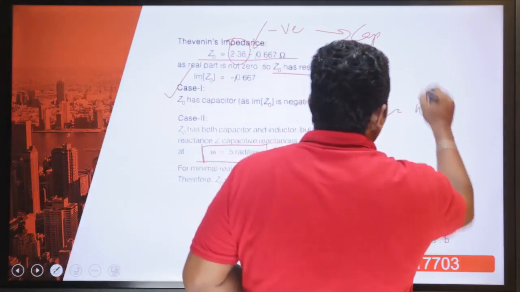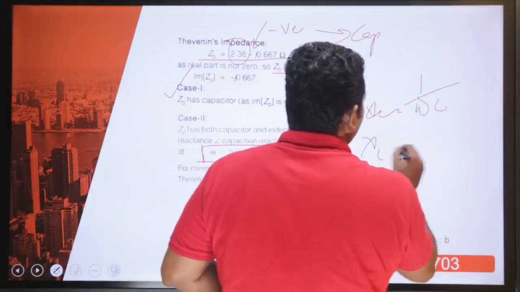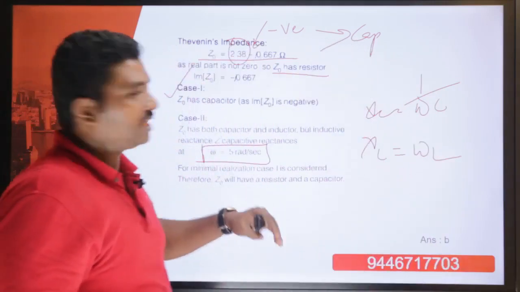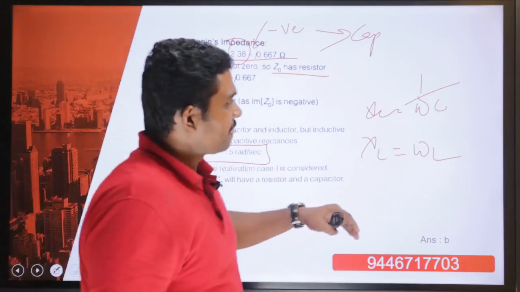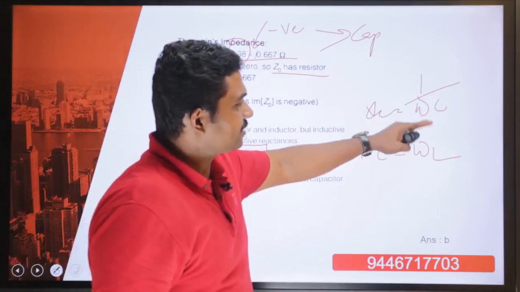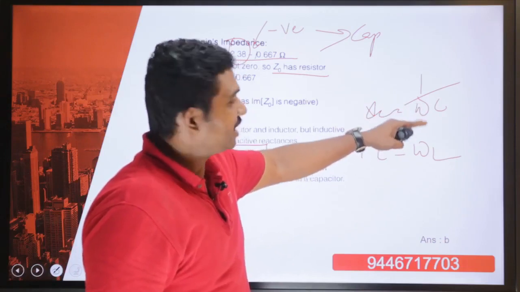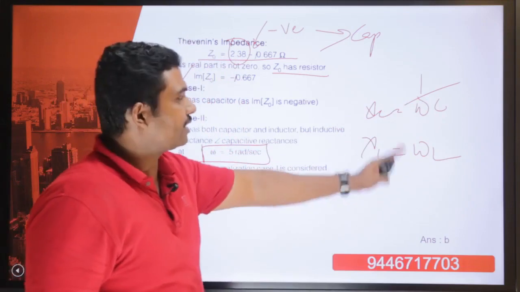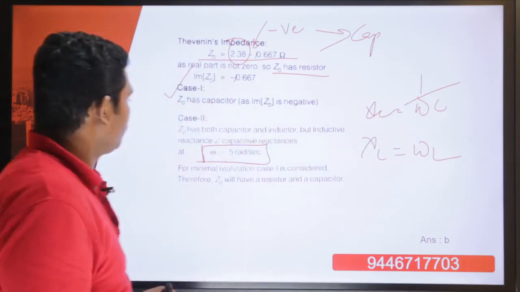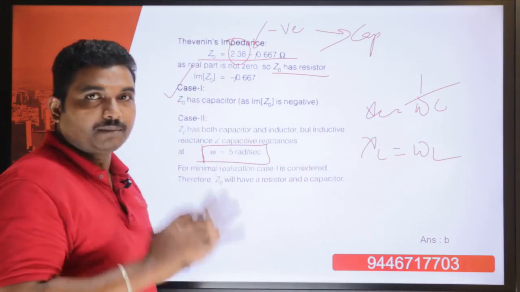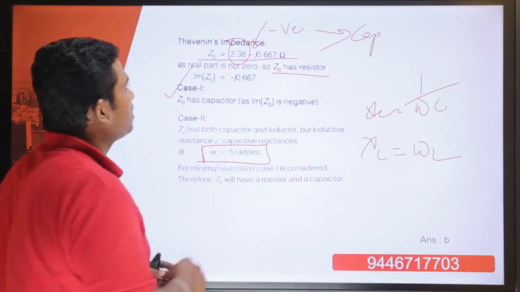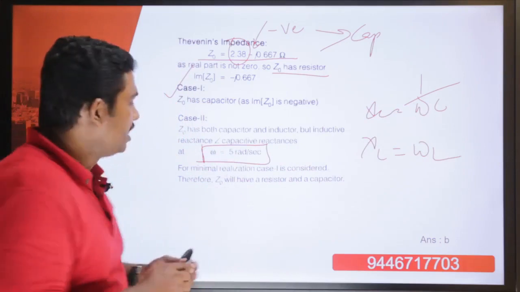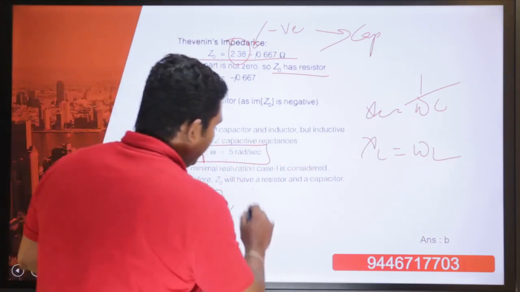XC is equal to 1 by omega C, and XL is equal to omega L. Here omega goes into the denominator and there omega is in the numerator, so XL is directly proportional to omega and XC is inversely proportional to omega. We are going for a minimal realization. Minimal realization means we have to go for minimum elements, and the possible elements are R, L and C.